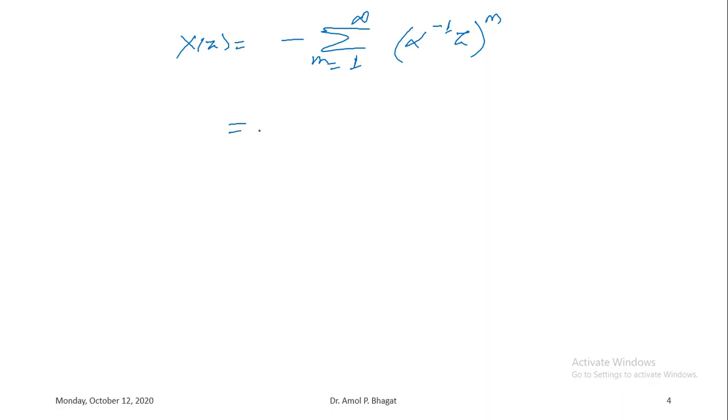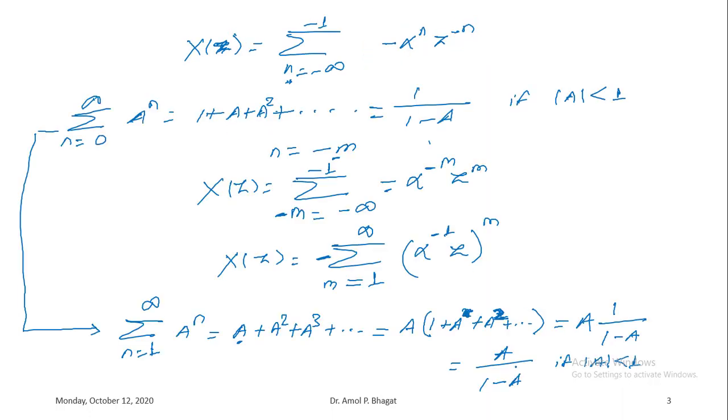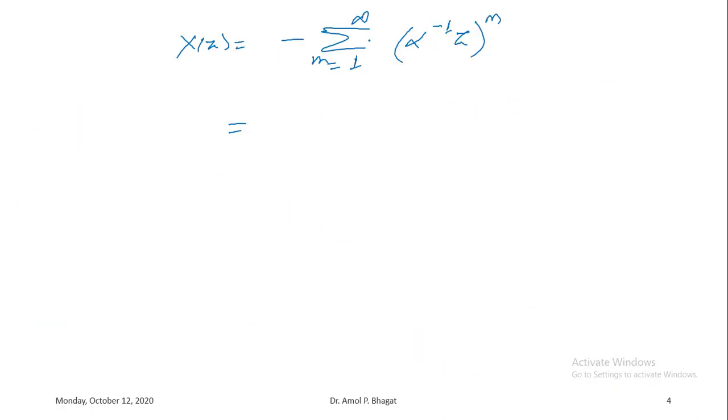This can be replaced with the simplified form a upon 1 minus a. So this minus sign will be as it is, and in place of a this value is there, so alpha inverse z upon 1 minus alpha inverse z, provided mod alpha inverse z is less than 1. Okay, again I can send this alpha inverse on the right hand side.